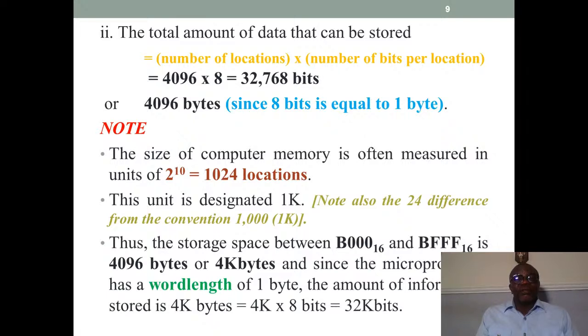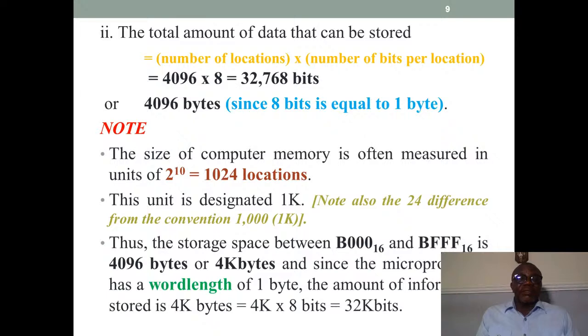So thus the storage space between B000 and BFFF in hexadecimal is 4,096 bytes. Now, if we move it to K, we divide it by 1,024.